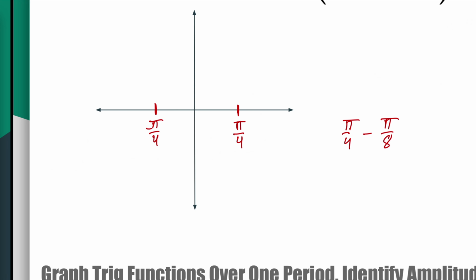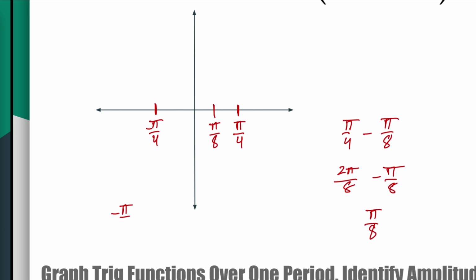We convert this to the same denominator, so that's 2 pi over 8 minus pi over 8, which is just pi over 8. So now we're over here at pi over 8.